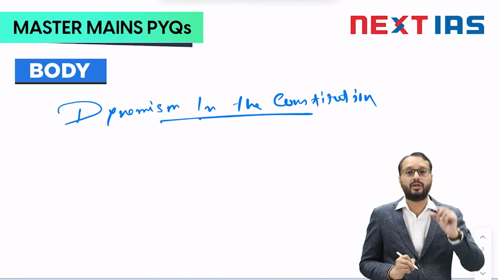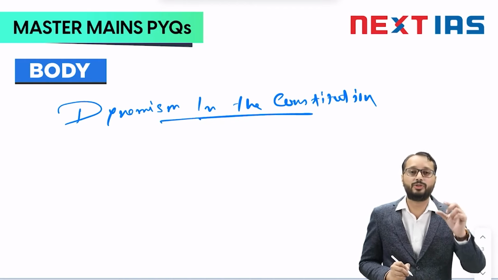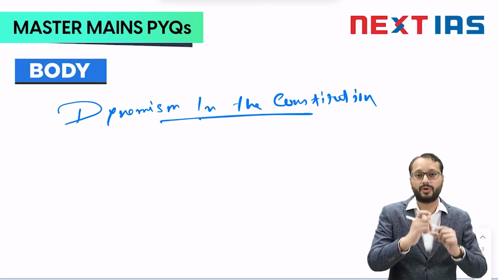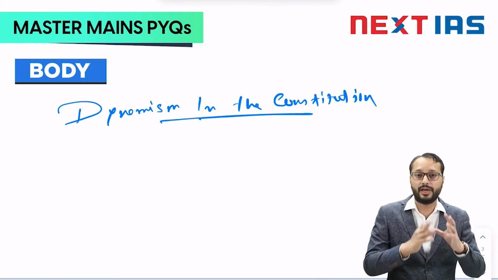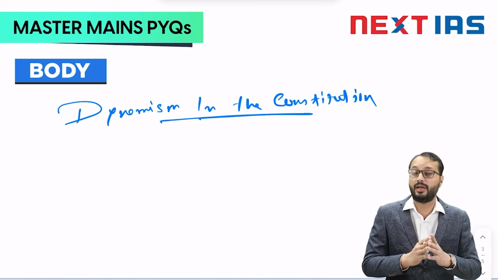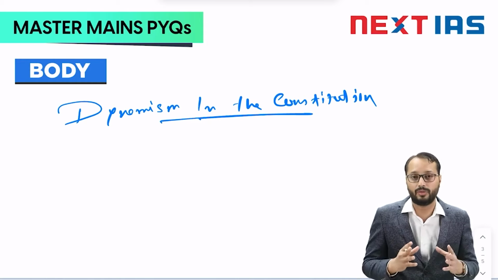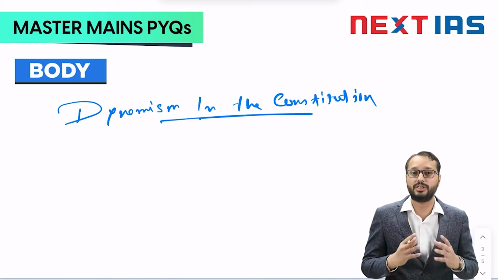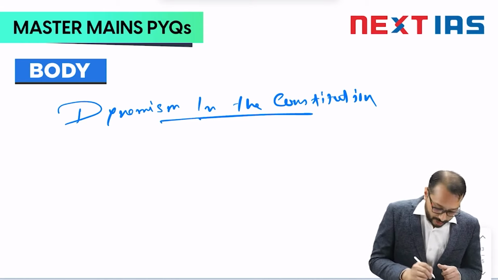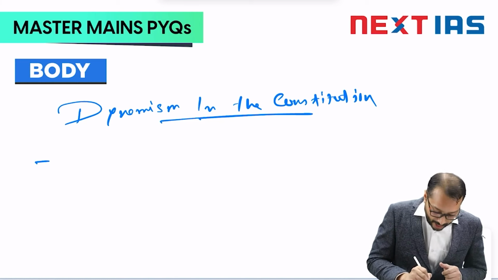It is a small part that you should address, the link between introduction and the main body, right? How the Indian Constitution is a very dynamic document, how it is evolving, how it is an organic document, changing with the needs of the society, right? So the very first feature is the amendability.